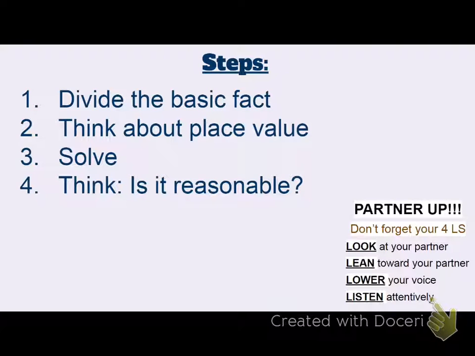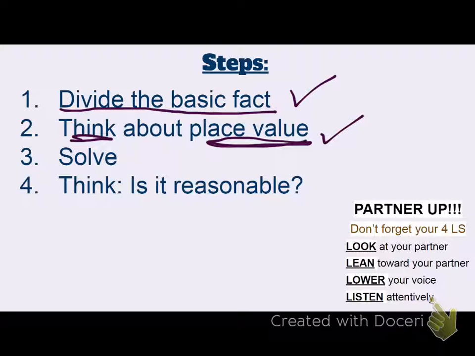Now remember, those steps are helpful in reaching our goal today of dividing and seeing patterns. Step 1 that I think will help you today is to divide the basic fact. We'll know what that looks like in just a few minutes. Then think about the place value. So divide, think about the place value, and solve.